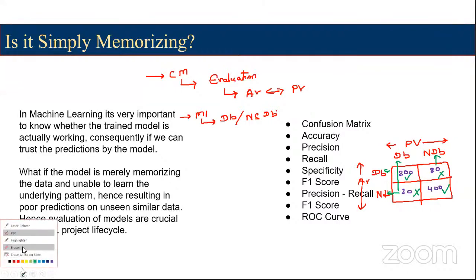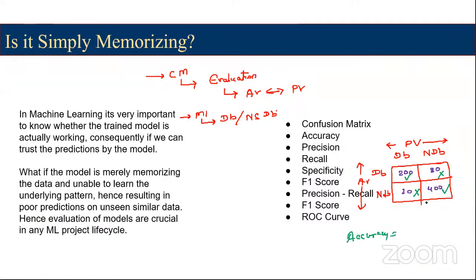I hope it's clear that these are ways by which we can evaluate a model. Evaluation is comparing actual value with predicted value, and in a confusion matrix we are simply comparing actual value with predicted value. Using this, we can calculate the accuracy of a model.